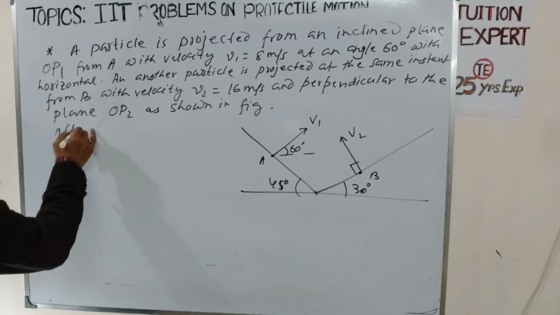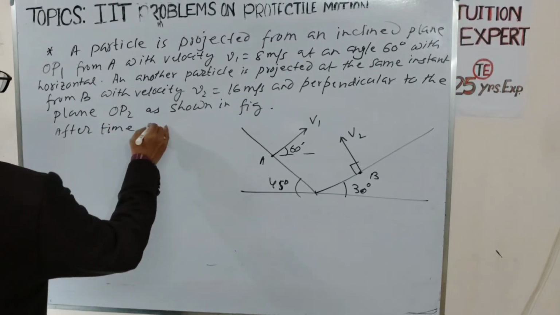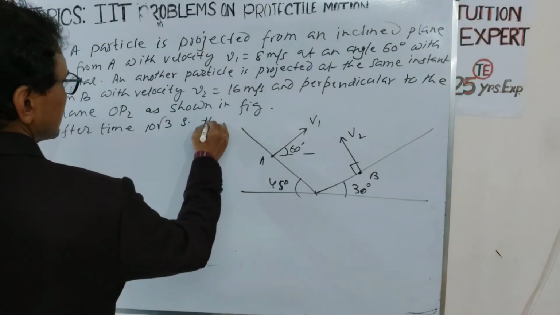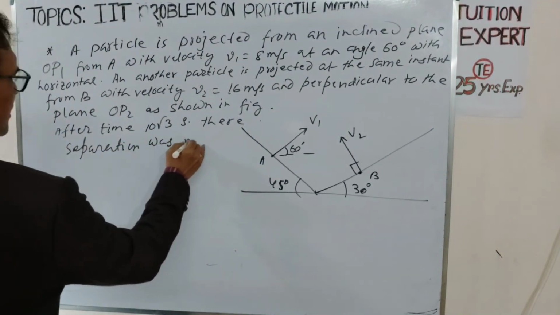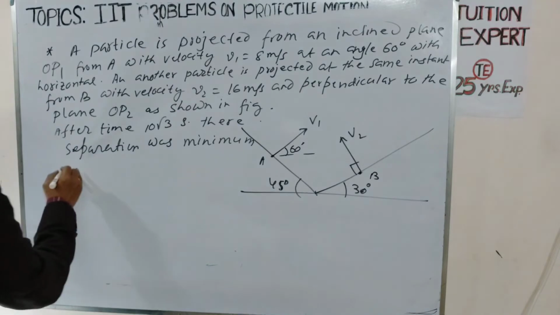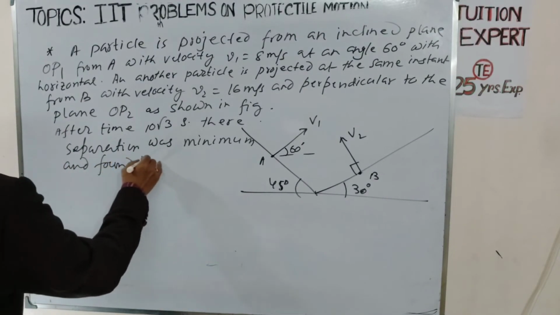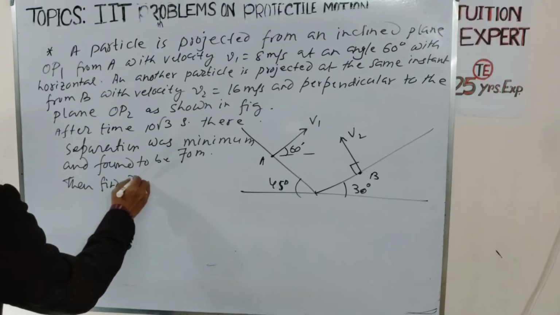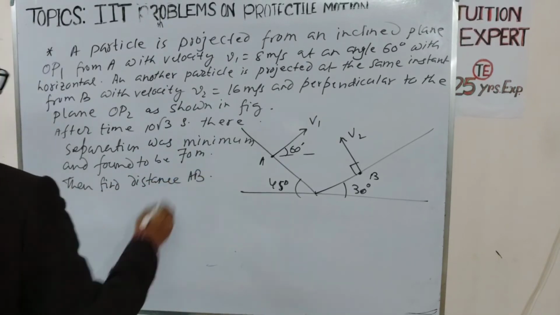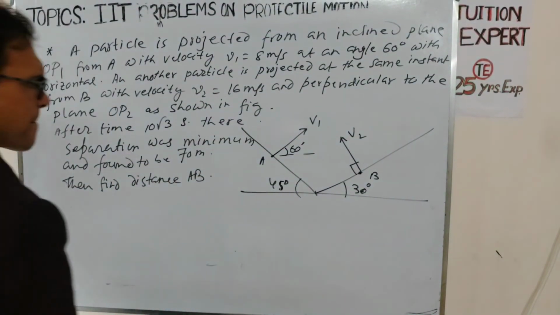After time T seconds, their separation was minimum and found to be 70 meter. Find the distance AB.